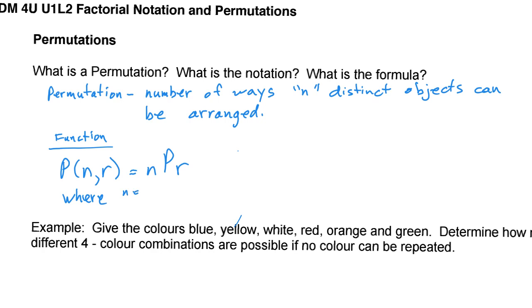where we know that the value n here is equal to the number of objects, the number of things we are arranging, and r represents the number of those things to be chosen.